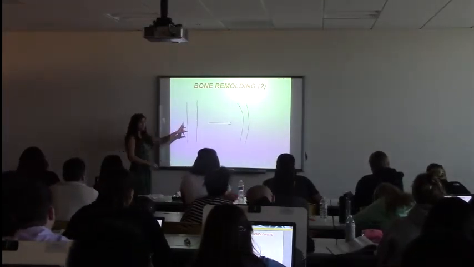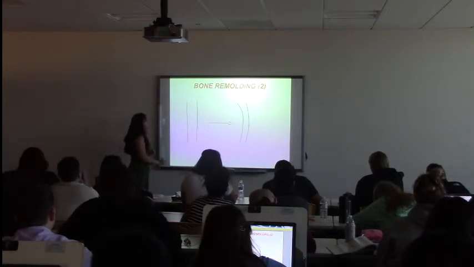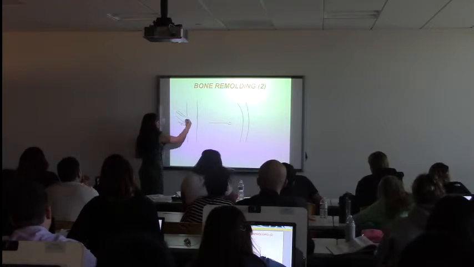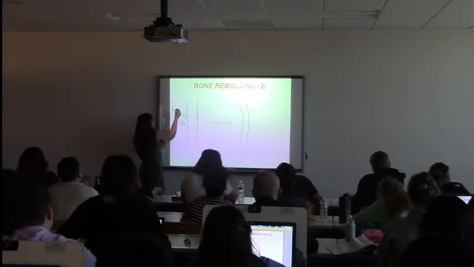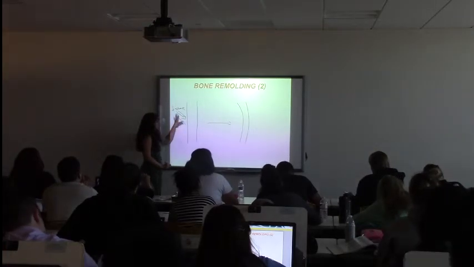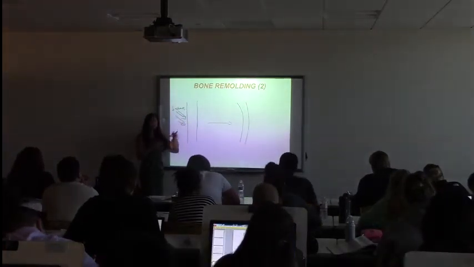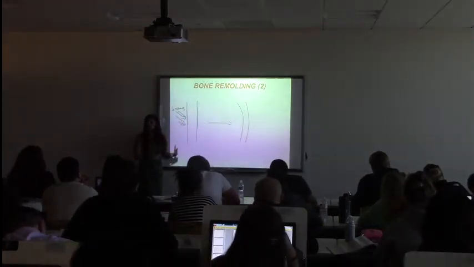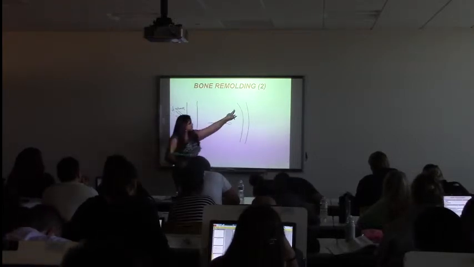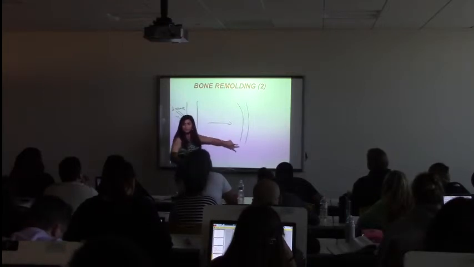The reason is bone remodeling. Areas of bone that receive less stress get broken down. This part of the bone does not receive that much stress, therefore bone is taken away from this area. That's why you see this curvature.